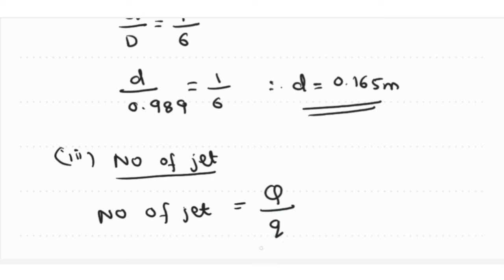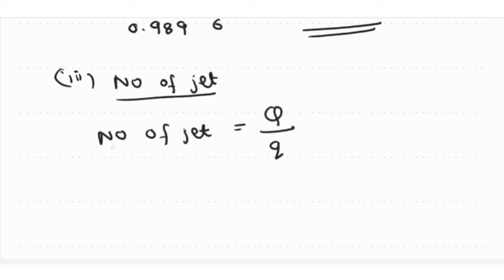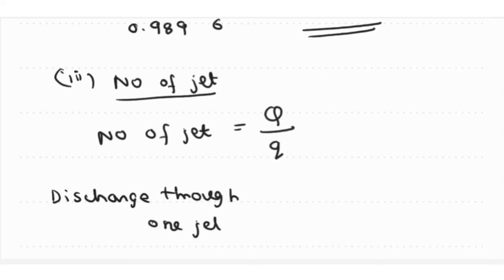So that is nothing but small letter q, the discharge through one jet, which we can calculate because we know the diameter of a jet now.